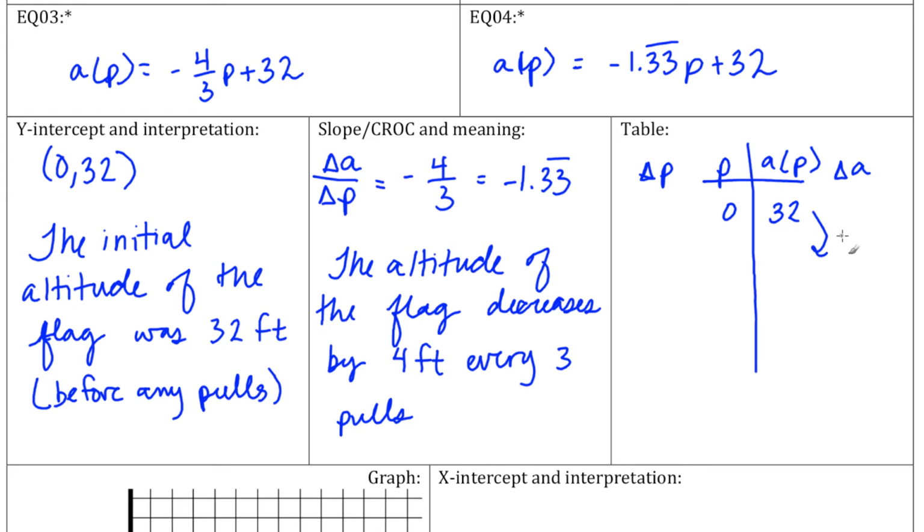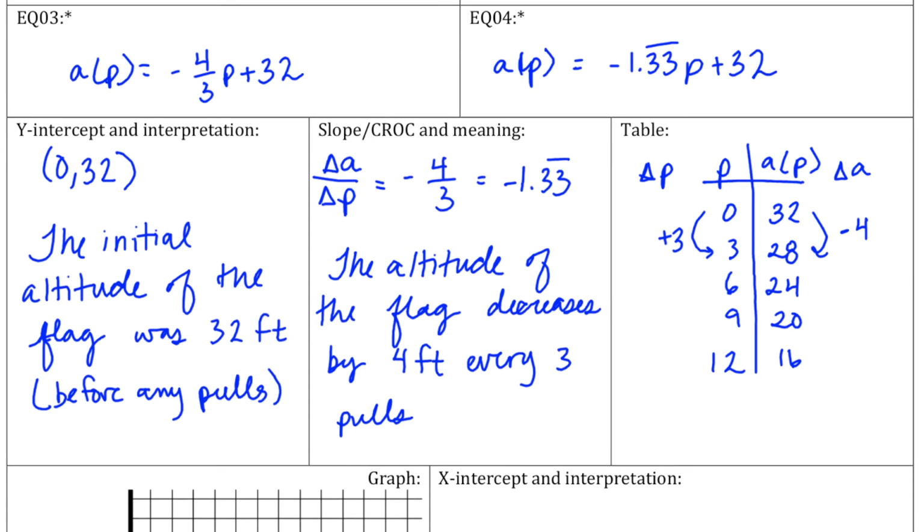So the altitude decreases by 4 feet every 3 pulls. So 3 pulls would be 3 pulls, and then 6 pulls, and then 9 pulls, and then 12 pulls. The altitude would be 32 initially, and it decreases by 4, so we end up with 28. And then we get 24, 20, 16, so on and so forth.